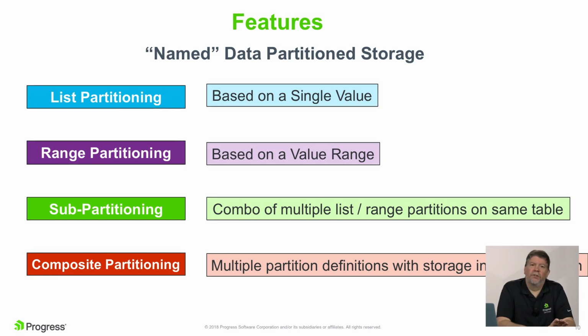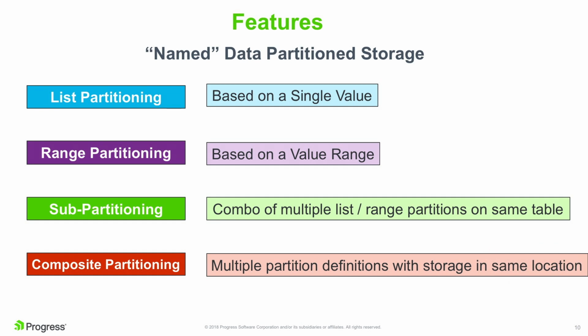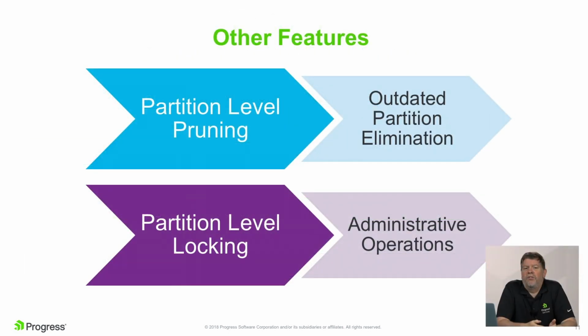If it belongs to Ohio and Oregon or Massachusetts, for example, I have multiple values within the same column of the state field. That's a composite partition. Now, typically a composite partition is primarily supported for a migration.